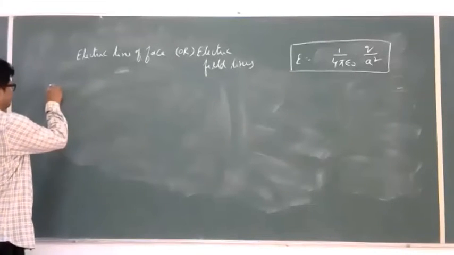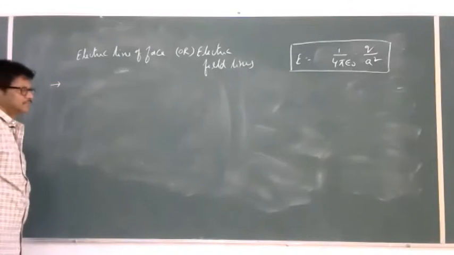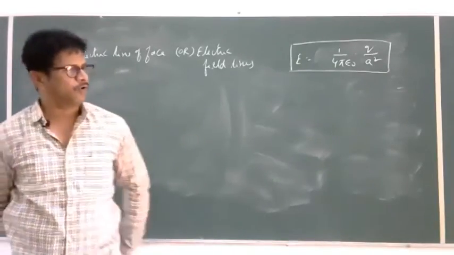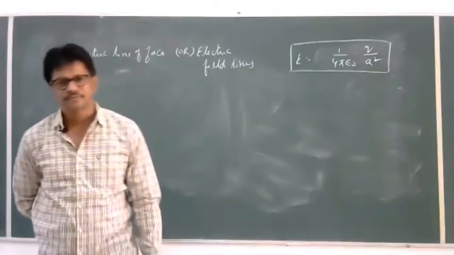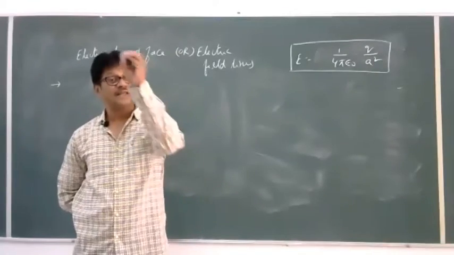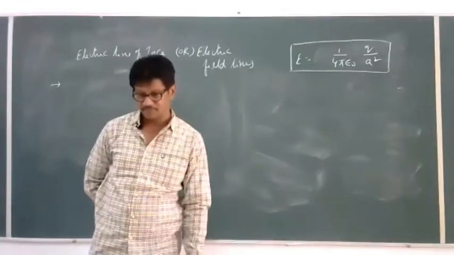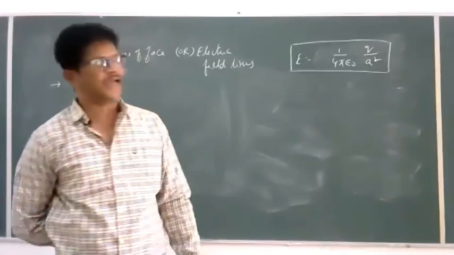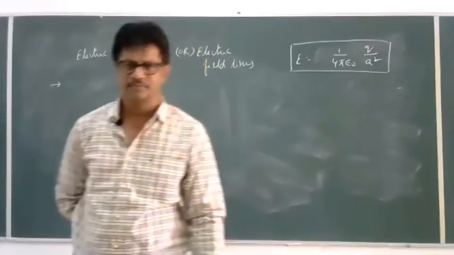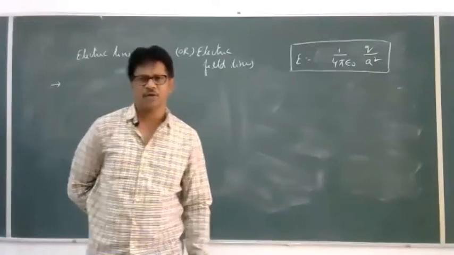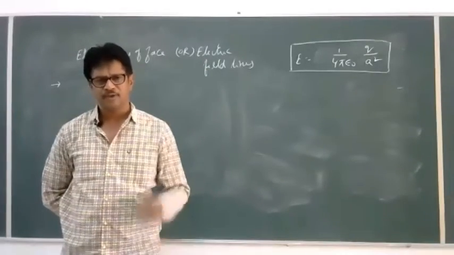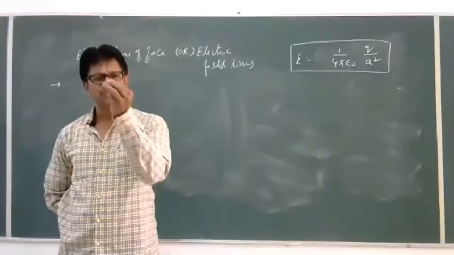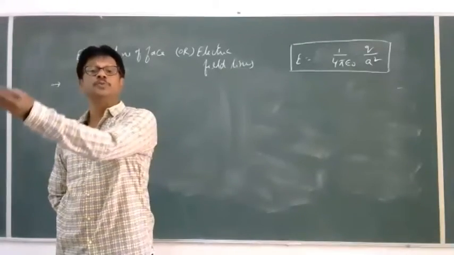First point. Electric line of force is an imaginary line on which the unit positive charge is supposed to be moved.